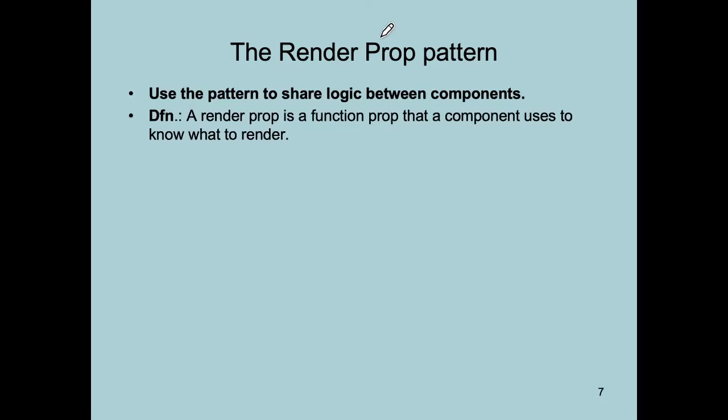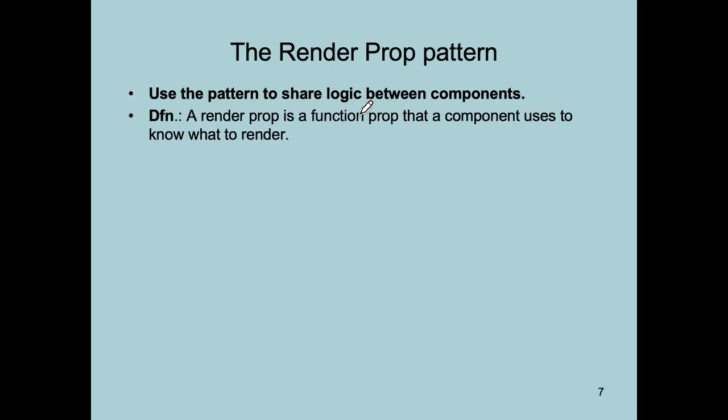Now, the third use case for a prop is in the context of this render props pattern. And I'm saying that a render prop is a function. It's a function prop, or a prop that is a function, but the purpose of the function is that the component that receives this function prop actually invokes it for the purpose of determining what it should render.